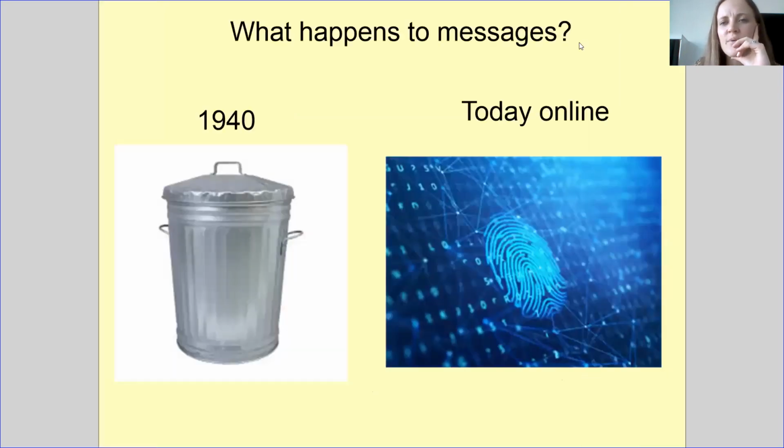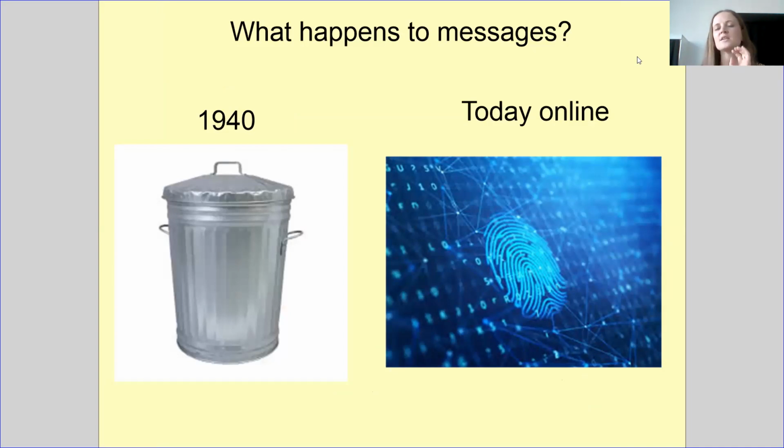So why is this so important? In the 1940s, what happened to the messages? Once we'd finished with our message, they were probably just thrown away. If it was printed in a newspaper, you would have read your newspaper, then you would have thrown it away. Today online, our messages and things that we send over the internet are always going to be there.